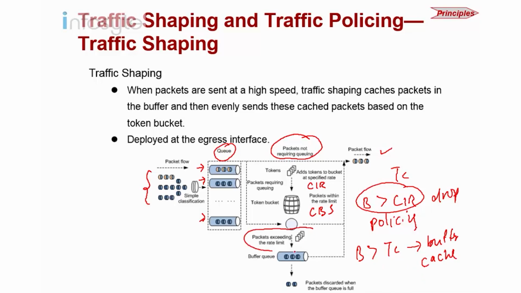So packets exceeding the rate will be cached and go into your buffer queue. When there is enough bandwidth, these packets will be queued to send out. But if the queue is also full, then it gets discarded. The only difference between policing and shaping is basically this queue.